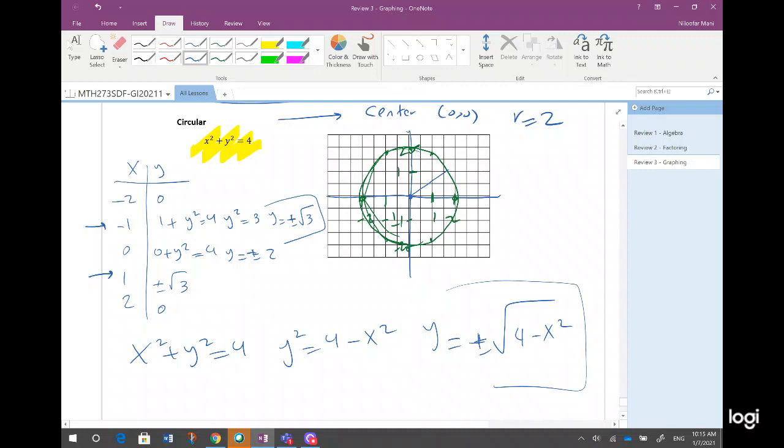That's for 1 and that's for -1, plus and minus. Then I can just connect all those points to each other, and that's a circle. Okay, so we are done with review number 3.